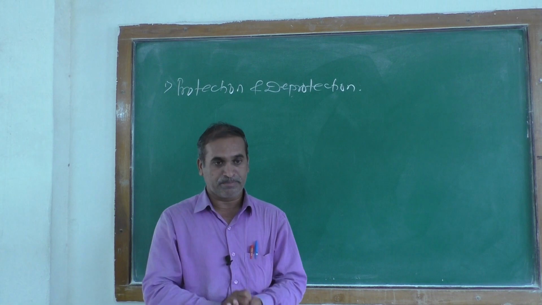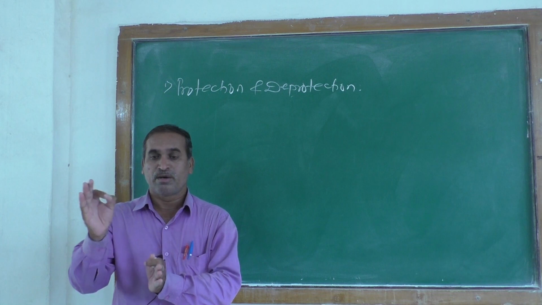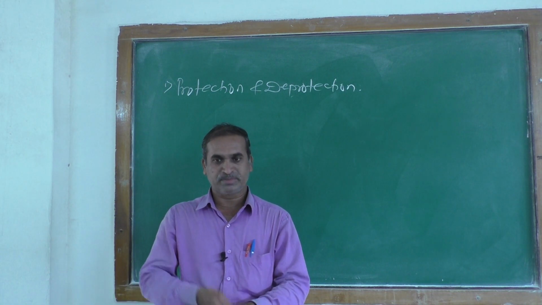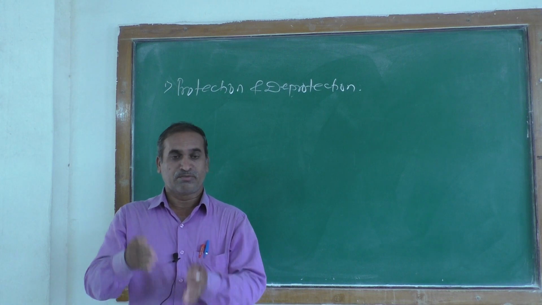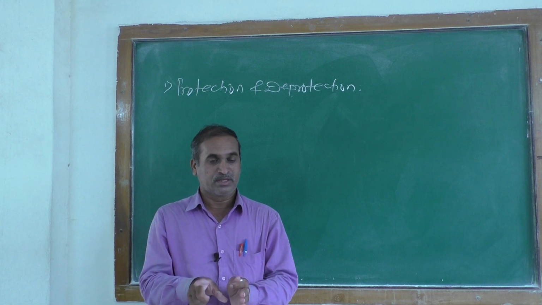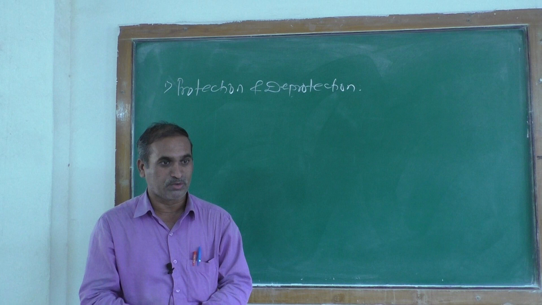And number 3, it should be removed under mild conditions. So these are 3 important criteria which describe the ideality of the protecting group.